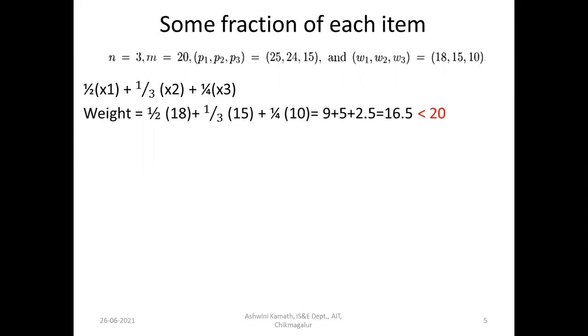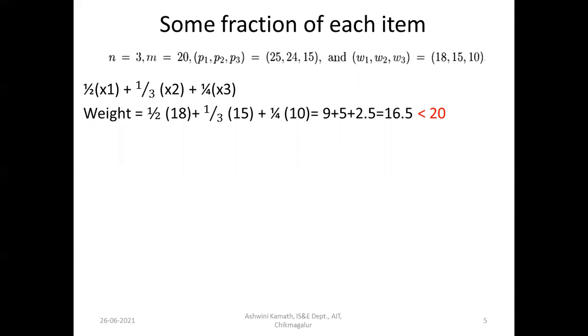So what will be the weight of this? Weight is equal to half of 18 kg, 1/3 of 15 kg, and 1/4 of 10 kg. Half of 18 kg means 9 kgs will be added. Plus 1/3 of 15. So 3 5s are 15, right? So 5 kg will be added from the second item.